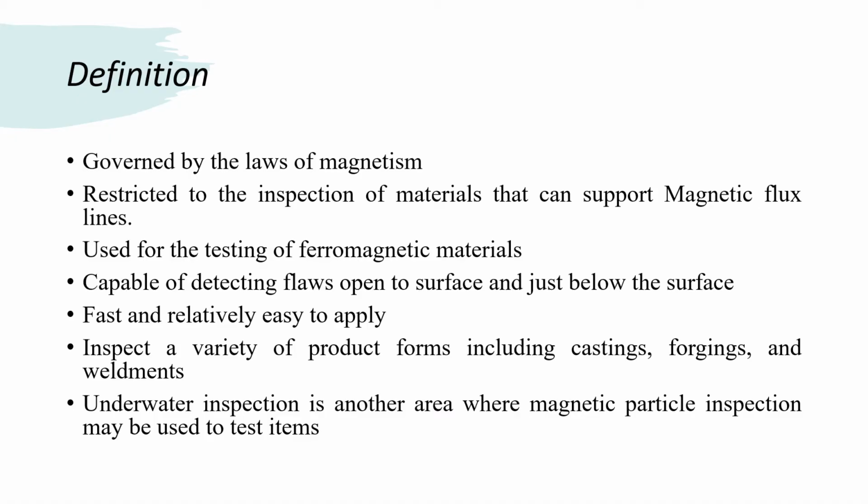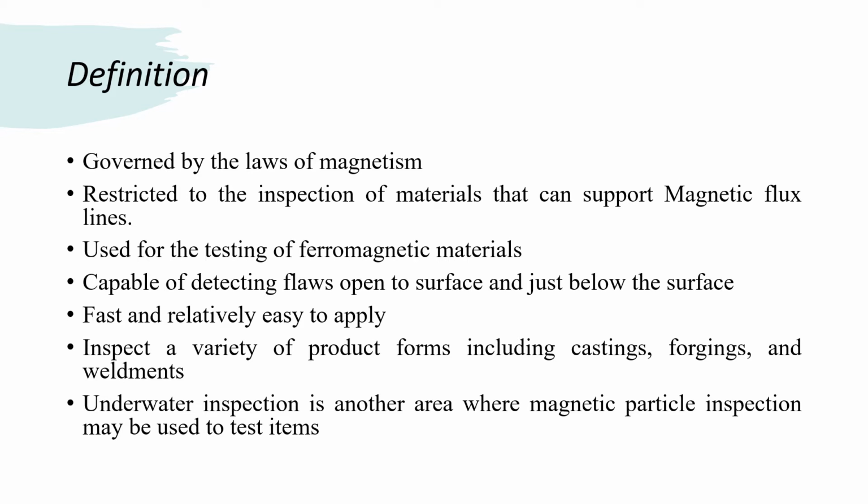Magnetic particle testing or MPT is used for the testing of material which can be easily magnetized. This method is capable of detecting flaws open to the surface and just below the surface.